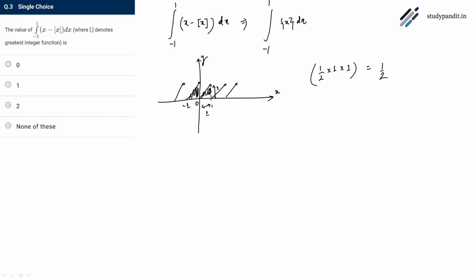So we have to find the integral from -1 to 1, so times 2, because two triangles are counted, so the area is 1 unit square. So the option B is the correct answer. Now moving to the fourth question.